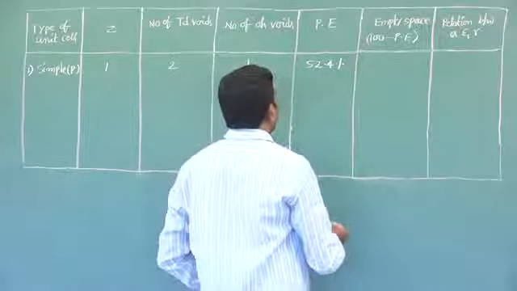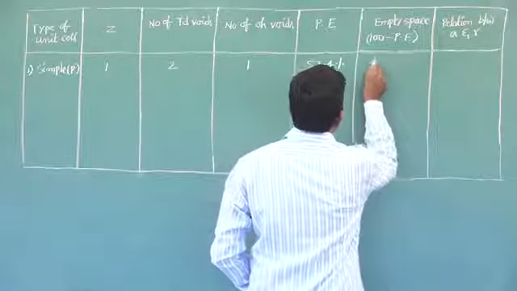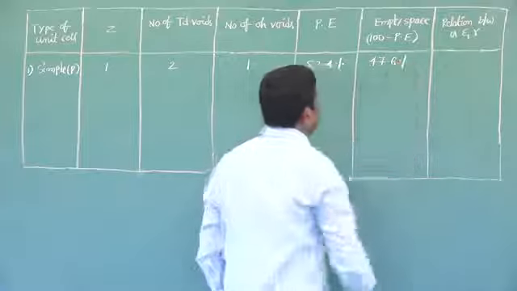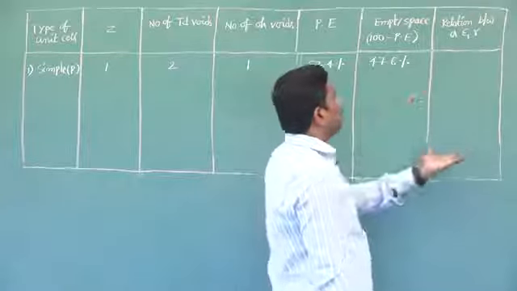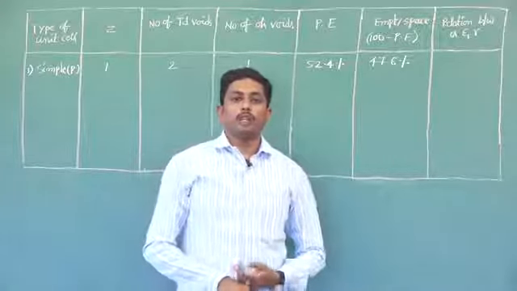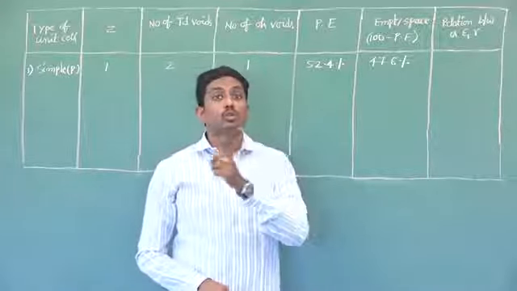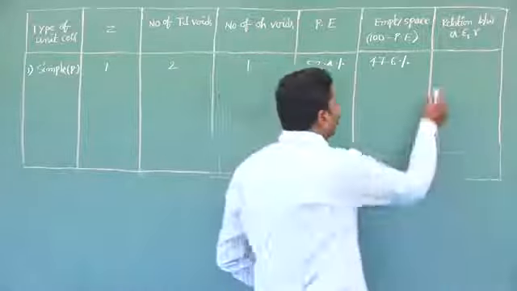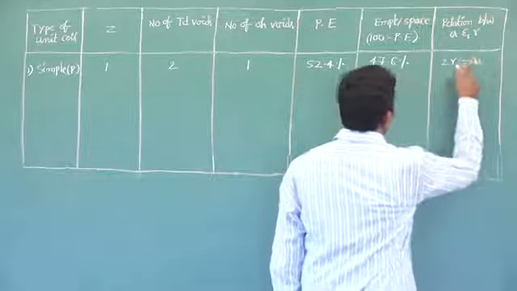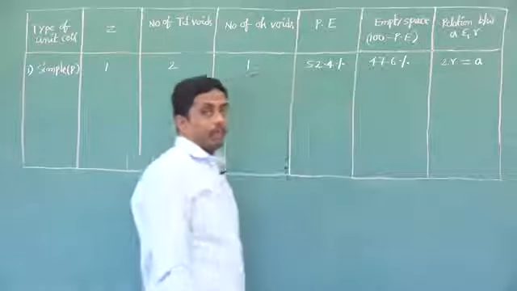So the void percentage in this is 47.6% empty space. Next, relation between A and R. Recall the diagrams in simple, and we identified that A equal to 2R. So 2R equal to A, the edge length, where R is the radius of the sphere.